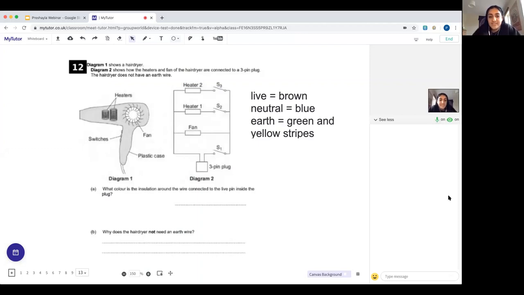It's really there for safety, right? It takes a current and it pushes it to ground. But why would this hairdryer not need it? And it's about something to do with how a hairdryer is made. So we've got 4 different components: switches, fans, and heaters. So which one of the 4 components means that we don't need an earth wire?